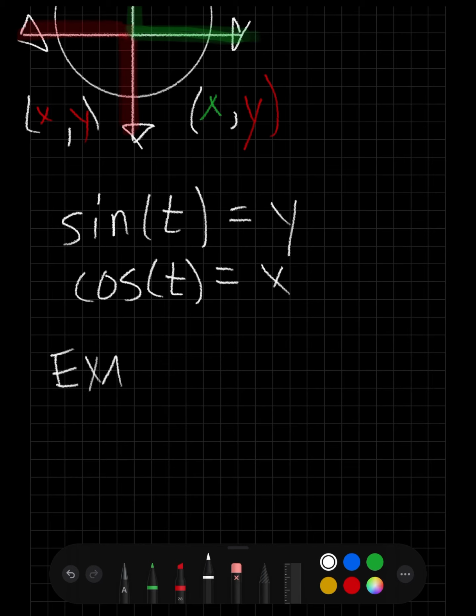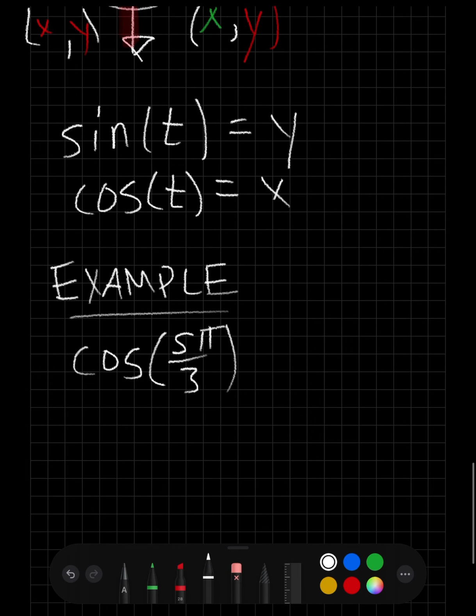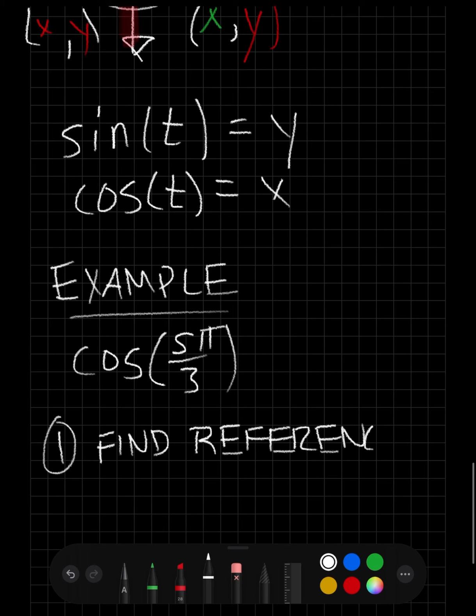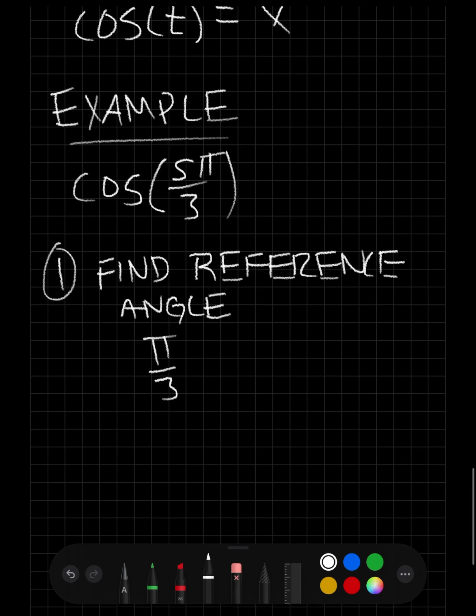So let's take, for example, let's say I want you to find the cosine of 5 pi over 3. So first, find the reference angle, which we did in the last step. Our reference angle here was pi over 3.